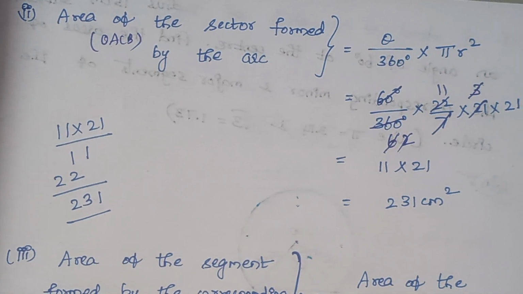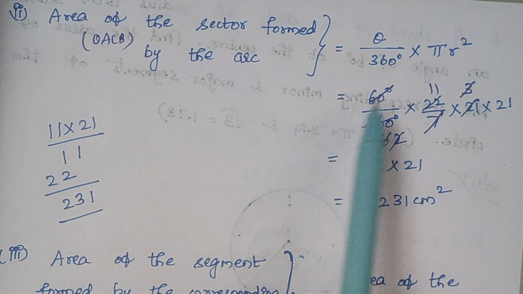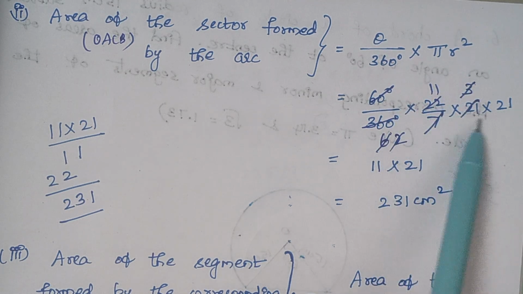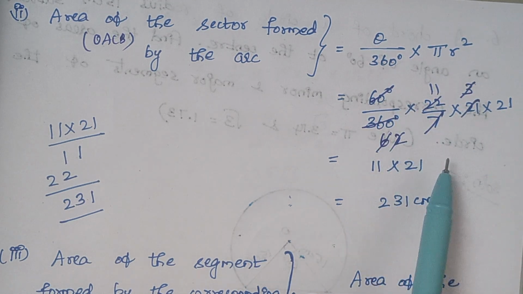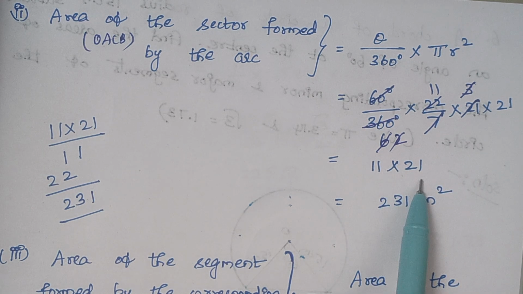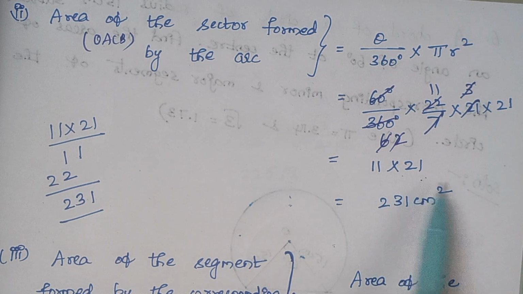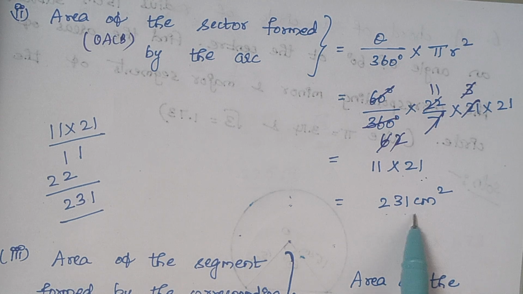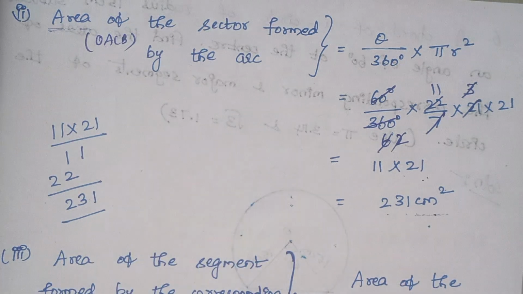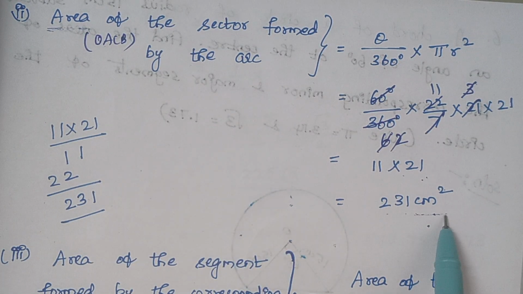So this is given by the formula theta by 360 degree into pi r square. Again theta is 60, the value of r is 21. So just substitute the values and once you simplify, finally we are ending up with 11 into 21. So 11 into 21 is nothing but 231 centimeter square. Why here centimeter square? Because here we are discussing about the area, right? So it is centimeter square.